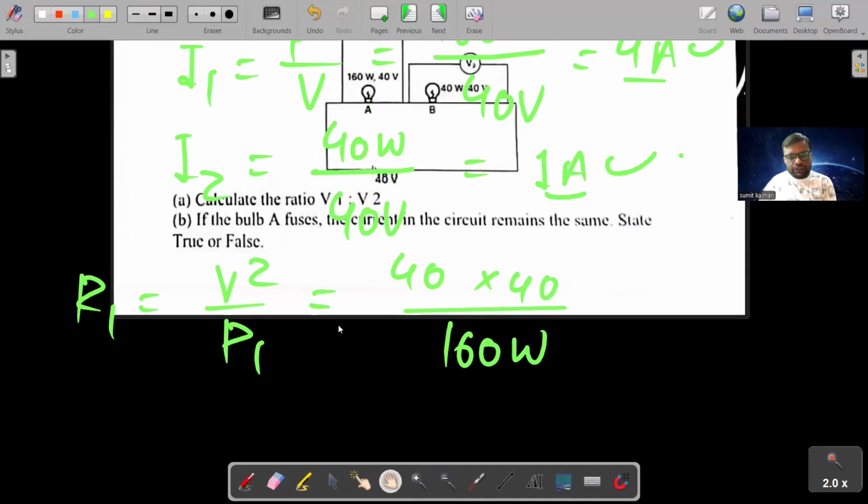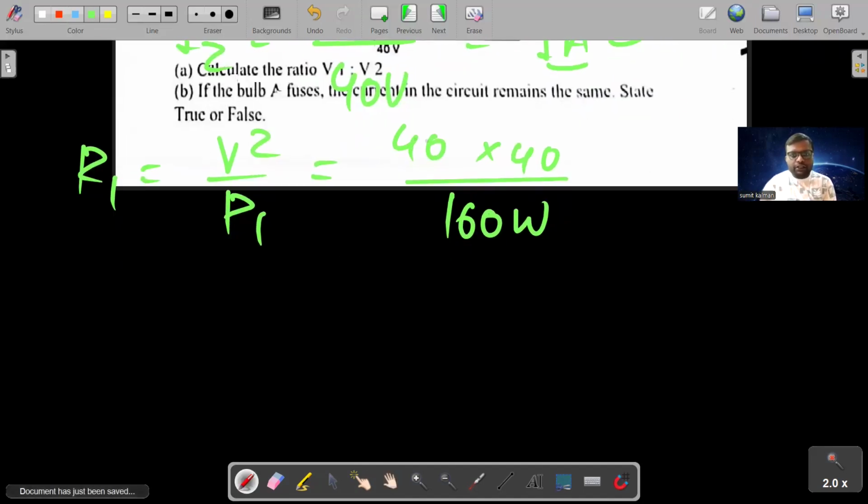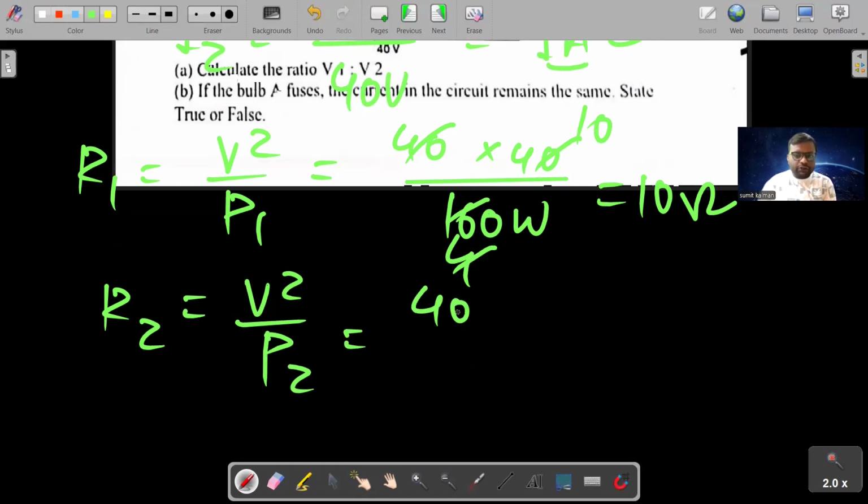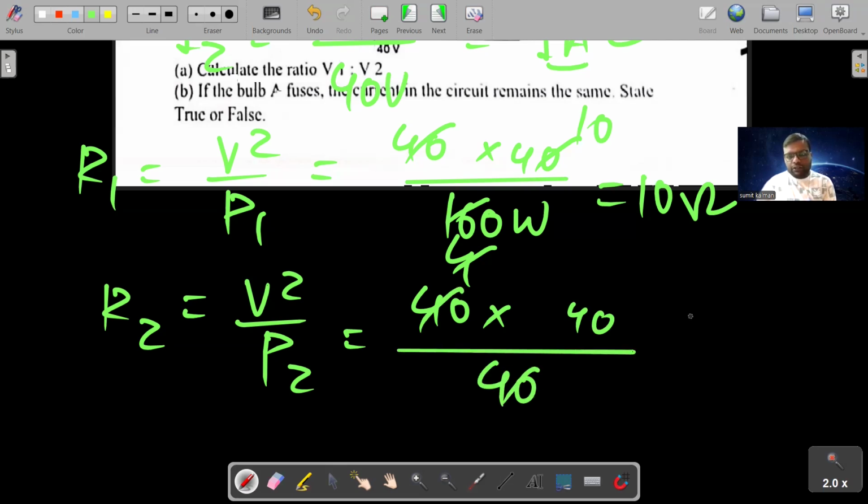Here we will get 10 ohm. And the resistance for bulb B is V square by P2, so here we get 40 into 40 upon the power, 40 watt. So here we get 40 ohm as the resistance.